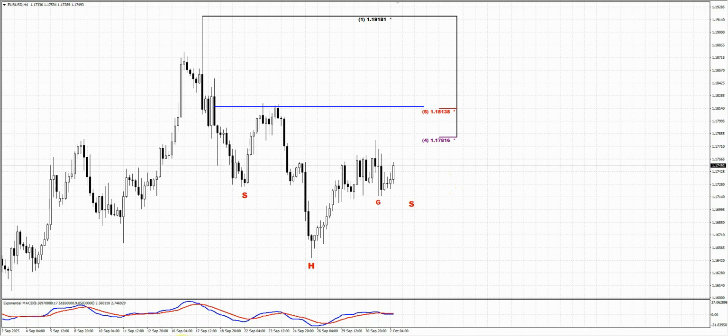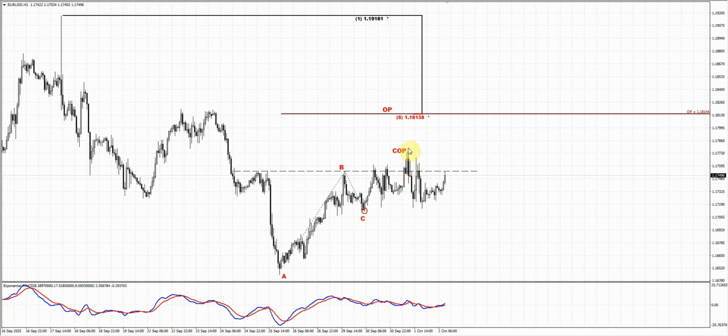On the hourly chart, although the market was not able to just continue straightforward upward performance to the OP, you can see that in general the market stands in the same range, and the C bottom of the ABCD pattern is still holding, so the market hasn't broken it down.